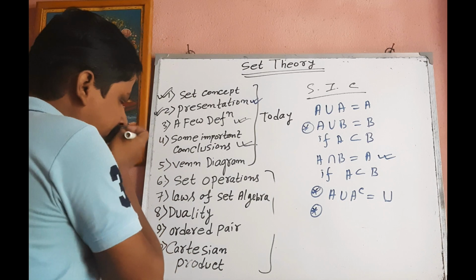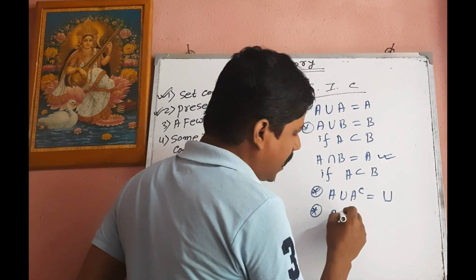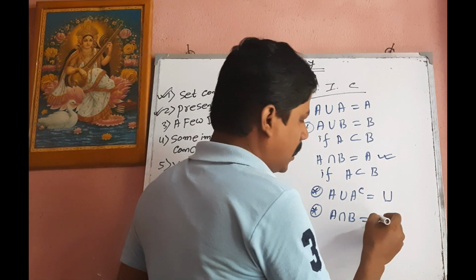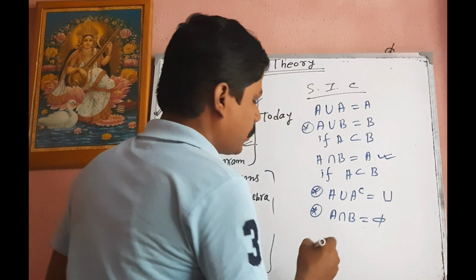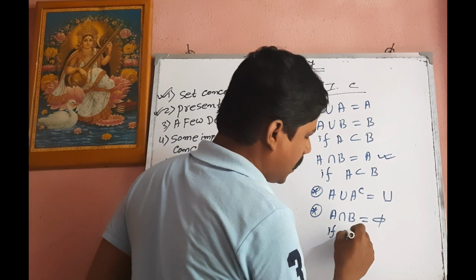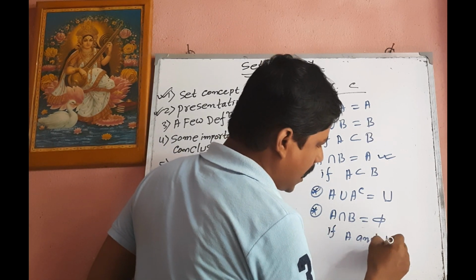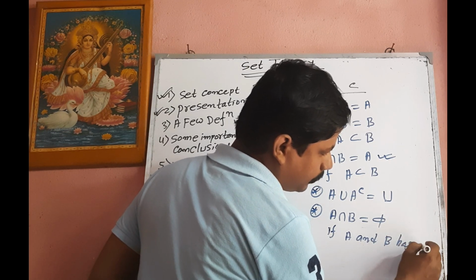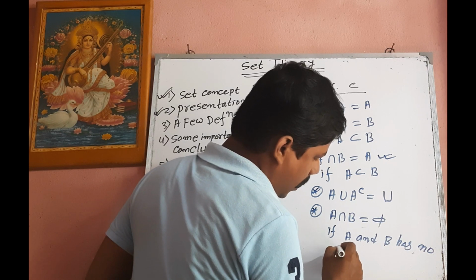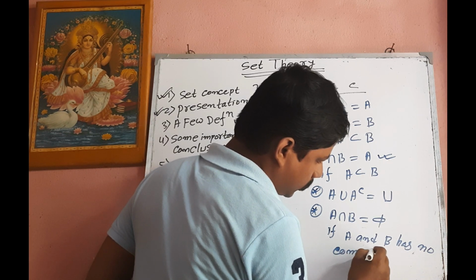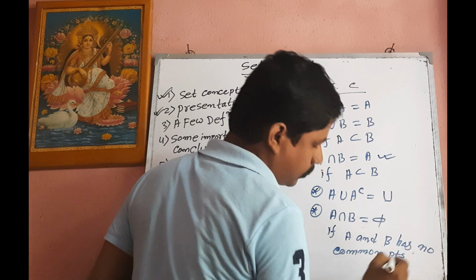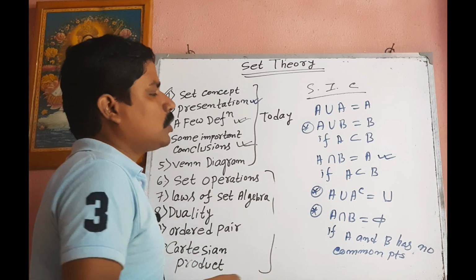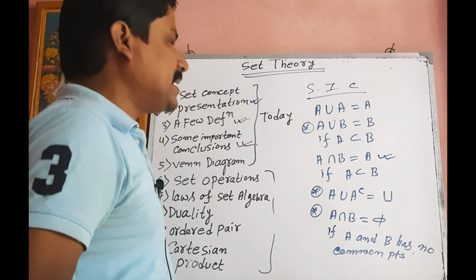Similarly, A intersection B is phi if A and B have no common point. So in some important conclusions, we can use this as a result.